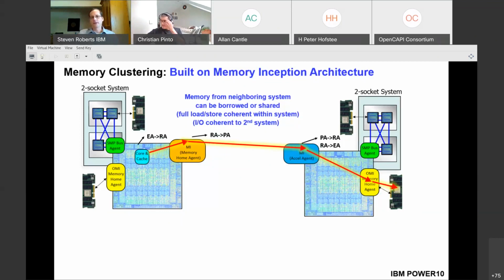And the RA bar on the memory home agent is set up to receive those commands, translate that address to a larger physical address, to enable it to go across the link to the MI agent, which does the reverse translation and gets the transaction put on the power bus to be consumed by the OMI home agent. If you think about this on the borrower, this could be a cut and paste type of transaction, or copy paste. I'm sorry, copy paste.